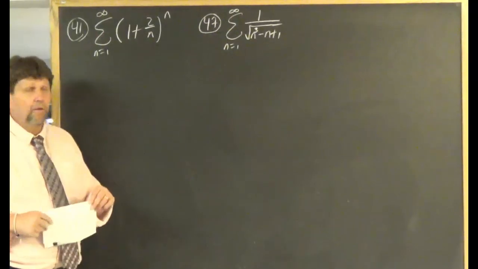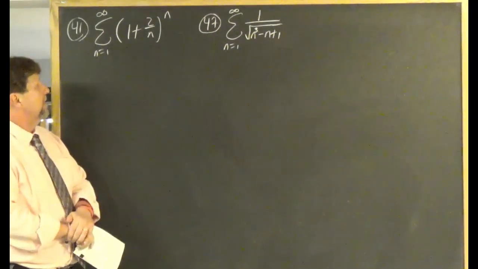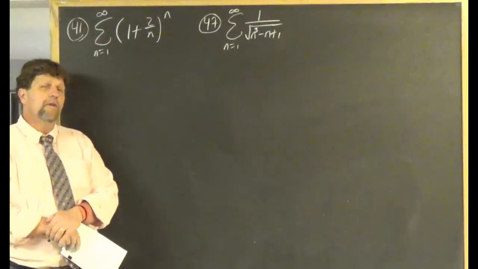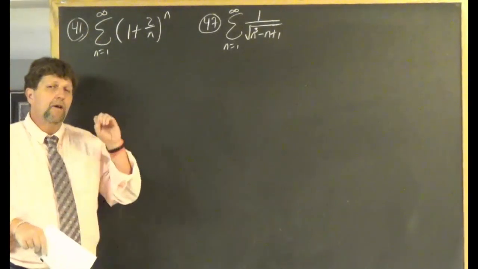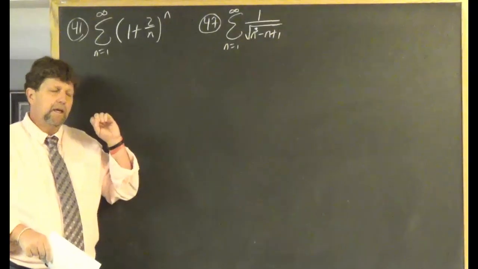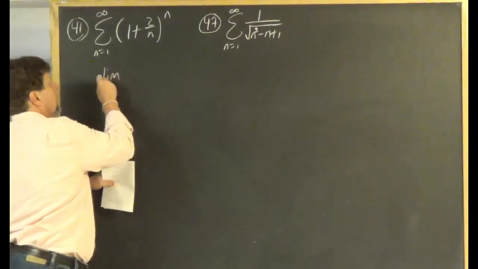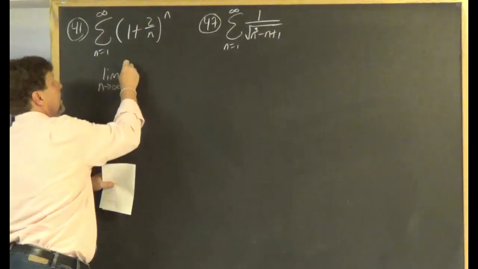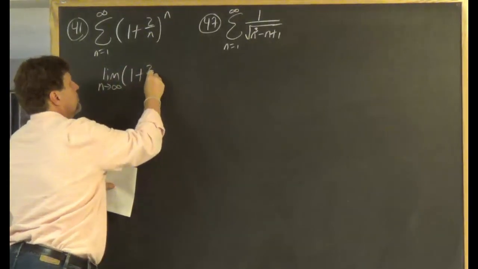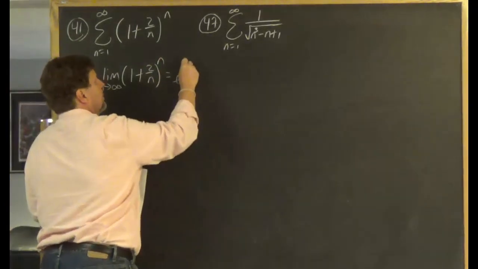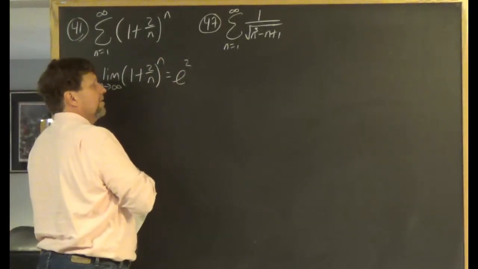So in number 41, the sum n equals 1 to infinity of (1 plus 2 over n) to the n power. What jumps out at me immediately is that the limit as n goes to infinity of (1 plus 2 over n) to the n power is e squared.